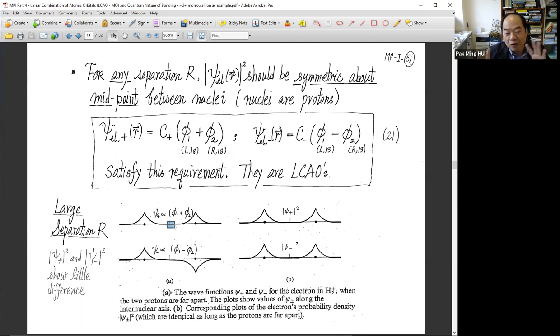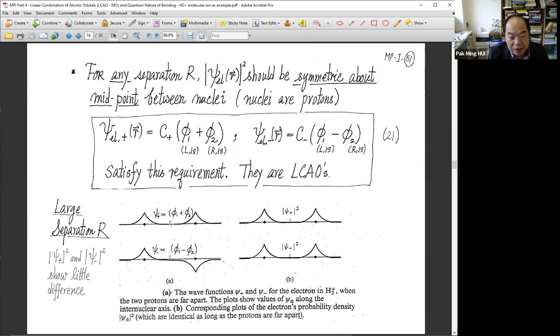But even if you don't follow my last sentence, I hope that at least you can follow why the magnitude of the two coefficients must be the same, because proton left, proton right, they are the same thing. However, if you are doing hydrogen fluoride or hydrogen bromide, they are different, and then you cannot make use of this simplification. So let me continue.